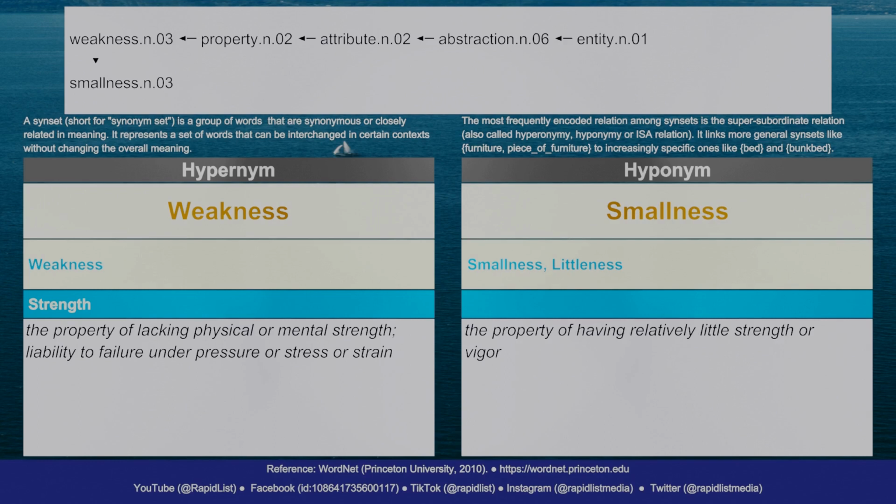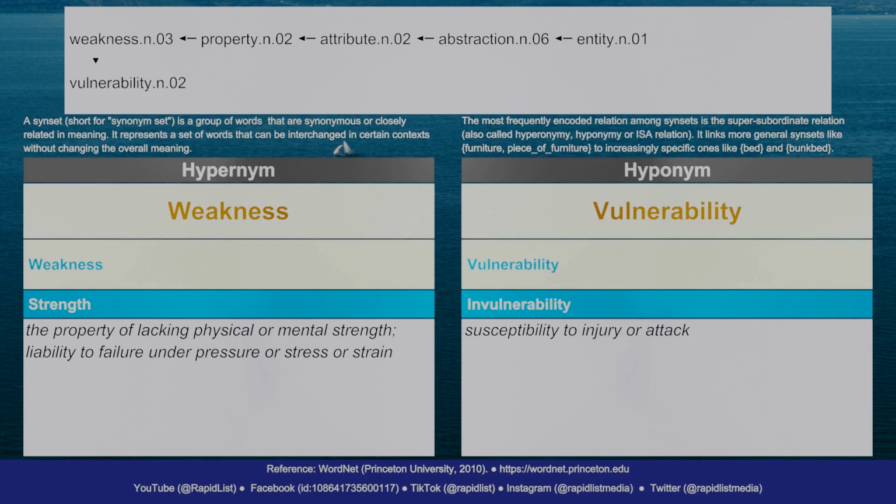The property of having relatively little strength or vigor. The smallness of her voice. Vulnerability. Susceptibility to injury or attack.